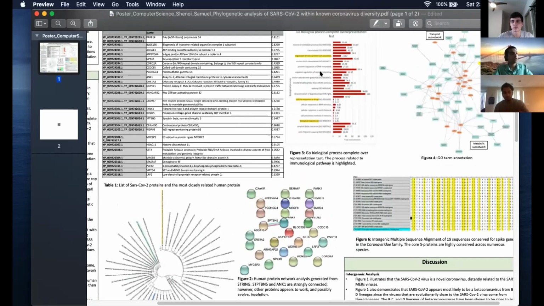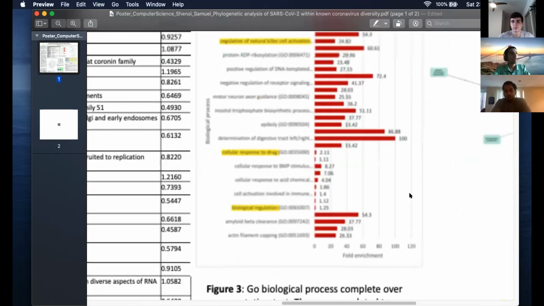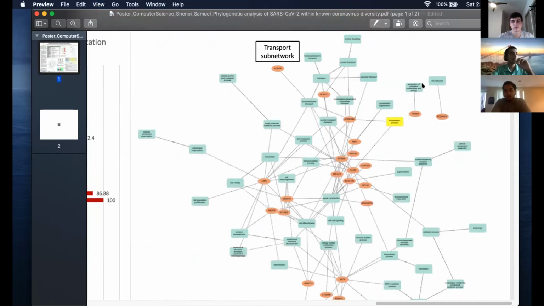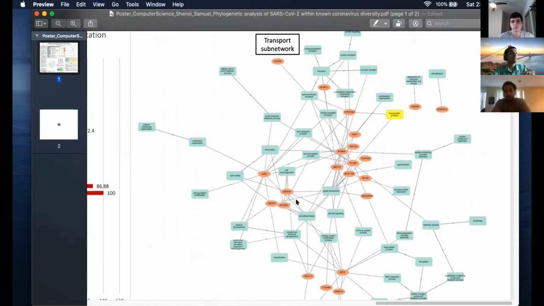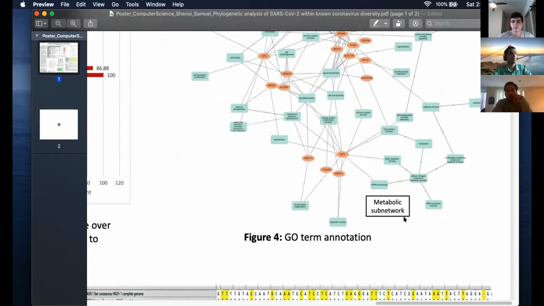For our GO enrichment test, we found that processes related to immunological pathways, which are highlighted, were overrepresented more than we would expect. Then for our GO term annotation, we found that it's divided into two main categories: first, a transport subnetwork, and then a metabolic subnetwork.